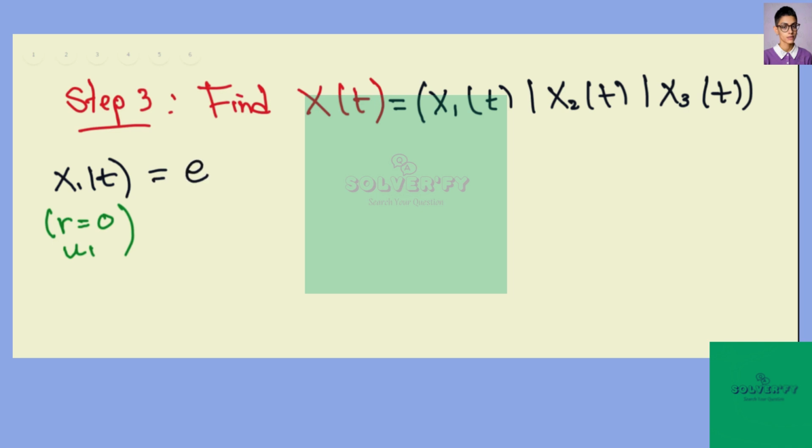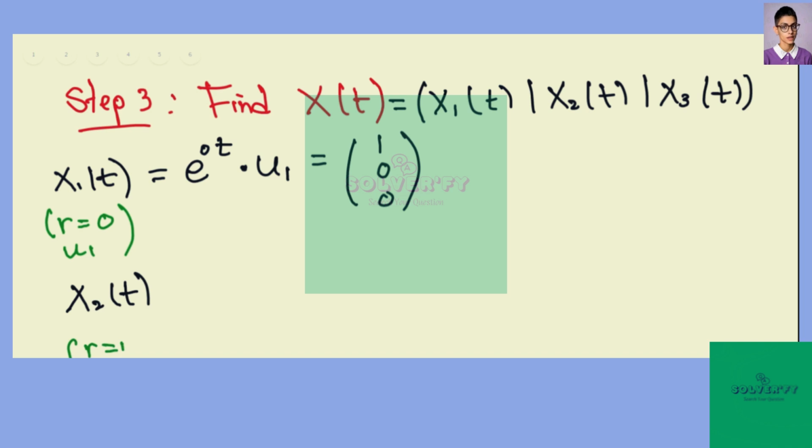So this will be e to the 0t times u1, the vector 1, 0, 0. For the second column, this comes from r equal to 1 and u2, our regular eigenvector.